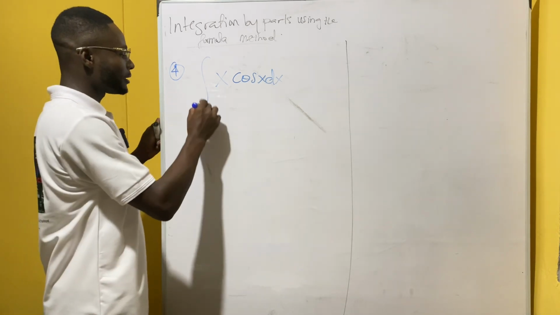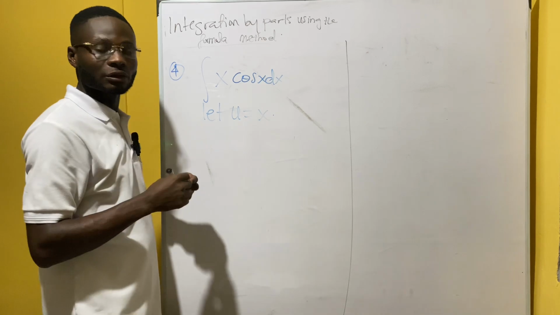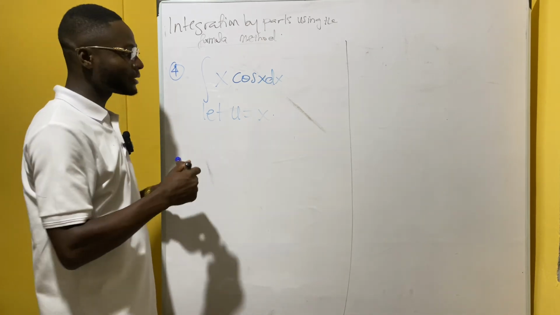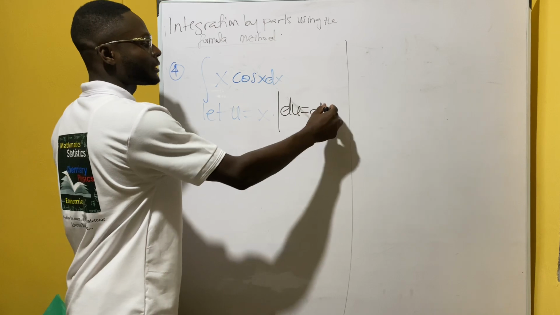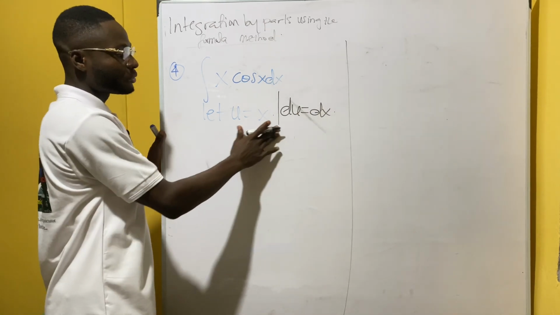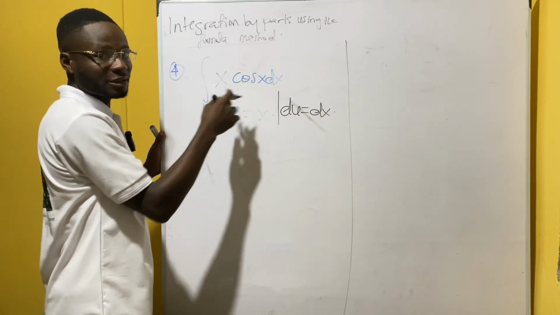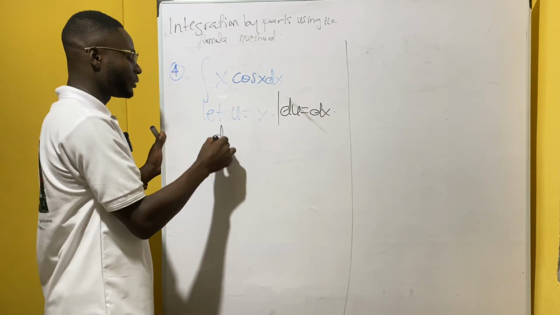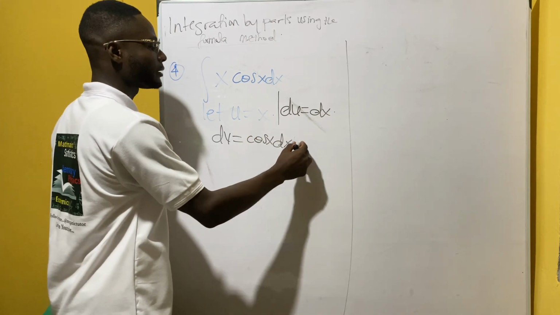So let u equal x. So if u equals x, then our du is equal to dx, right? That is good. So now that we have identified our u, we can say that cos x dx will be the dv. So dv is equal to cos x dx.